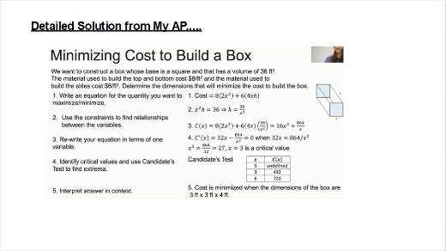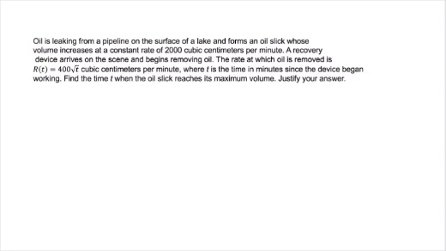Here's a detail of everything that we just went over. This problem: oil is leaking from a pipeline on the surface of a lake and forms an oil slick whose volume increases at a constant rate. Underline that word, constant rate of 2,000 cubic centimeters per minute.